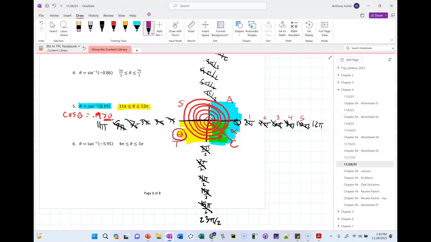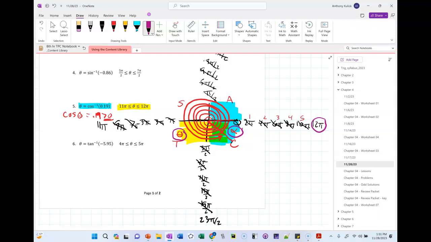But we're almost there. So now I want to write an equation that relates theta, alpha, and 12 pi together. Why 12 pi? Because it's the other arm of my angle alpha, right? Alpha is always the acute angle between the x-axis and the terminal side of theta.